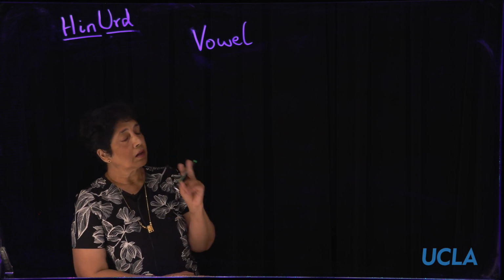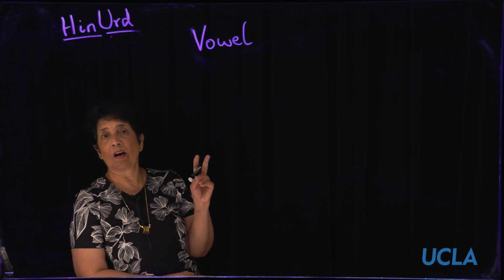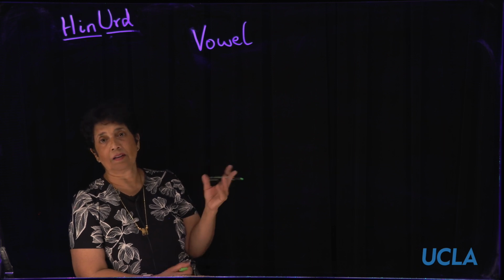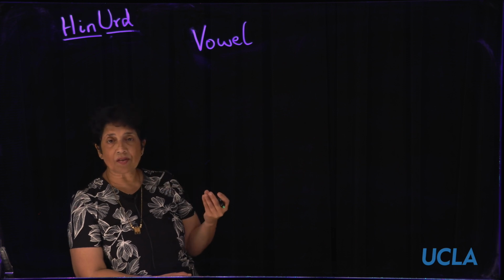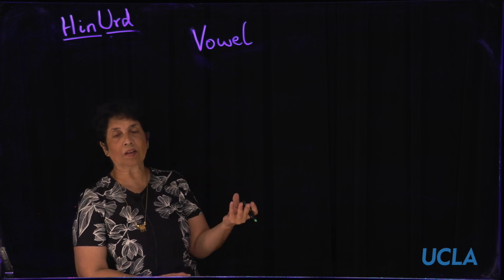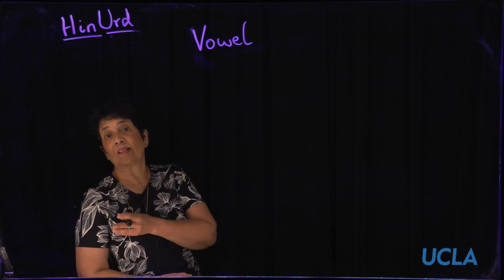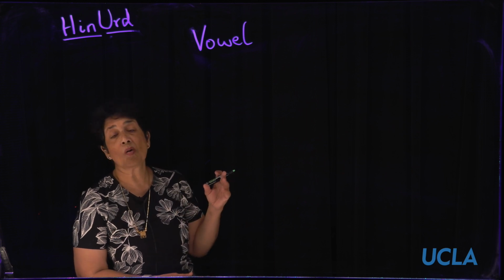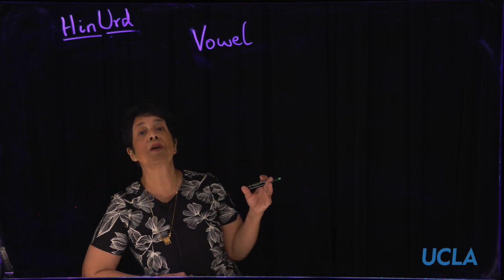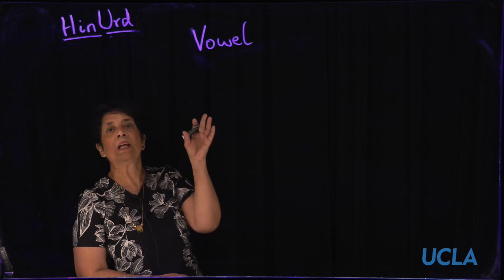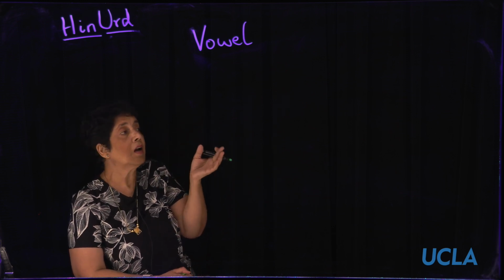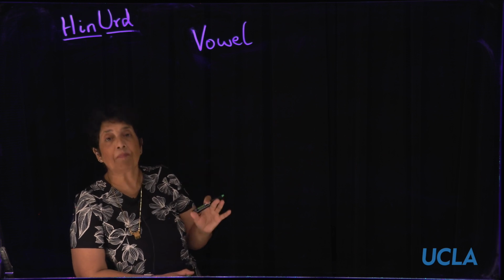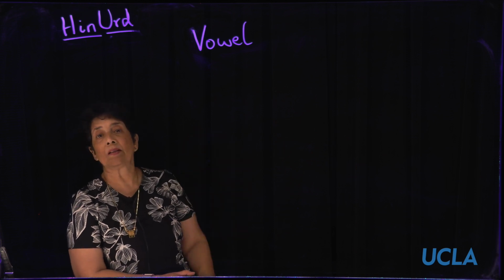Remember, the language is the same for us. The vowels are the same because it is the same language, right? And the values attached to the vowels, everything is the same as, let's say, Hindi. There's no difference between Hindi and Urdu where the vowels are concerned, except for the way it is written.